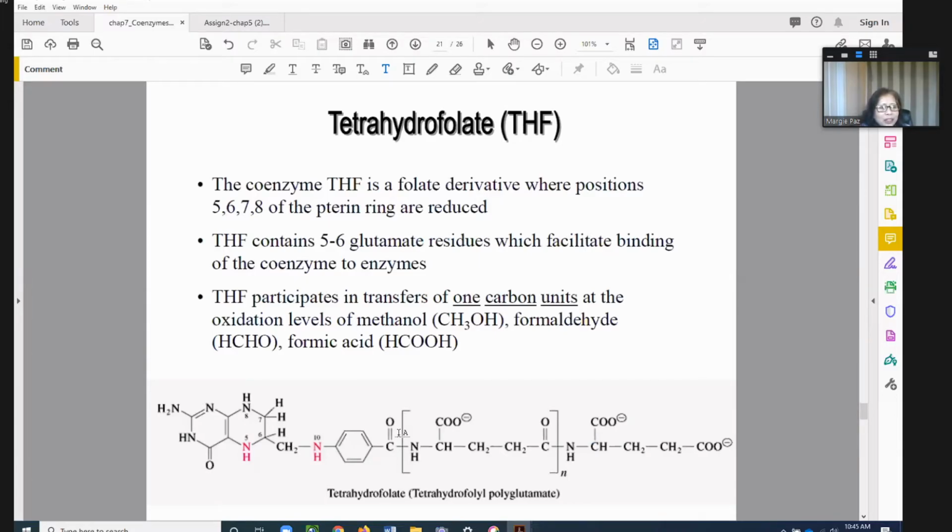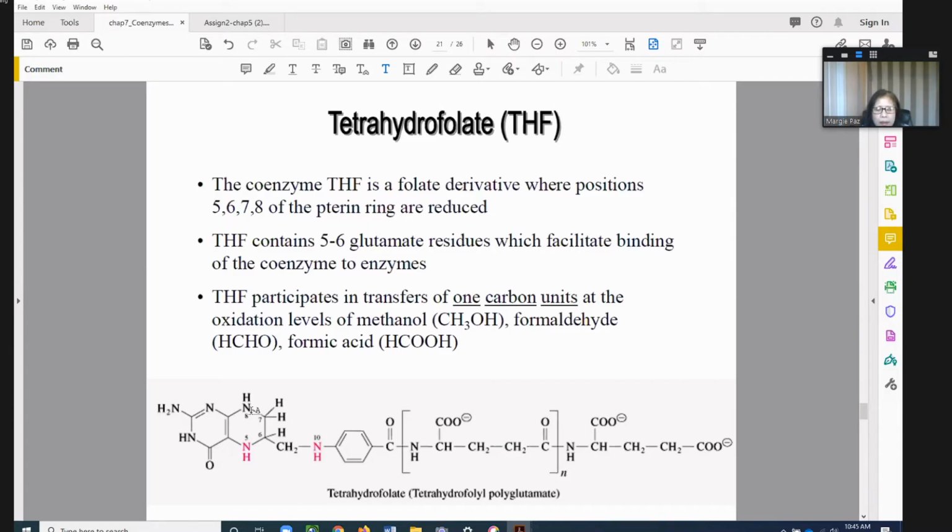Tetrahydrofolate, THF, is derived from the vitamin folate. The coenzyme THF has this structure at the bottom where positions 5, 6, 7, and 8 of the pterin ring are reduced.